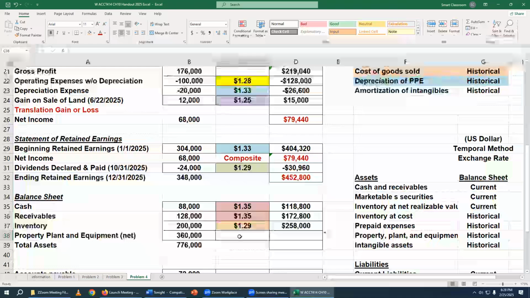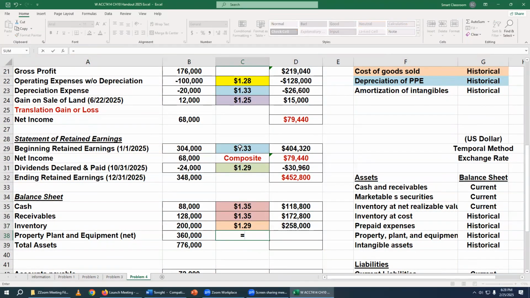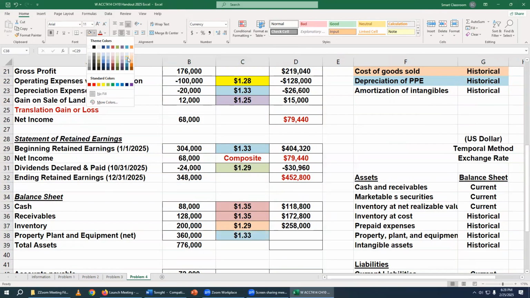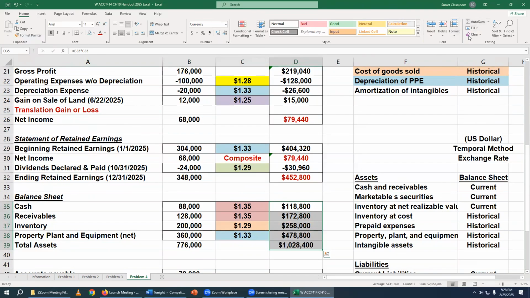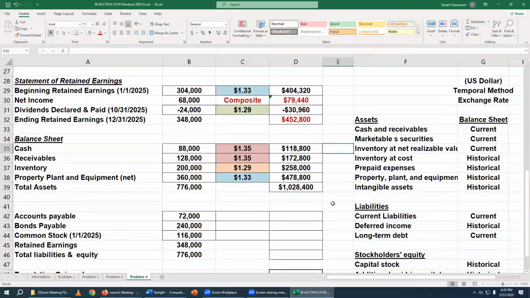Property, plant, and equipment goes on at the other historical rate, the beginning historical rate, which is 133. $1,028,400.